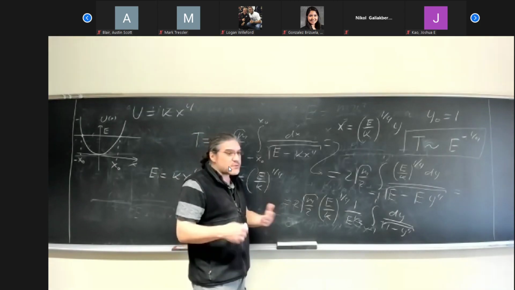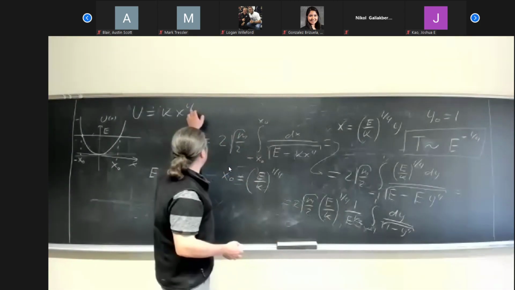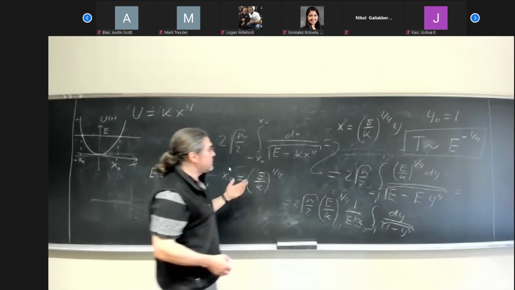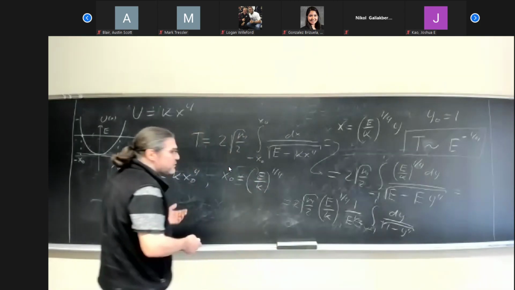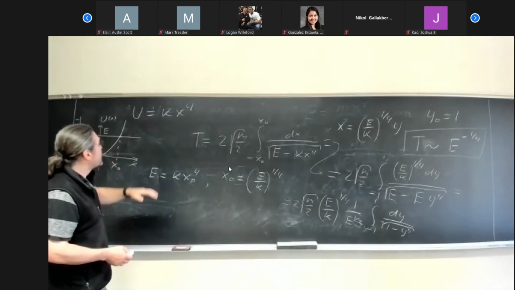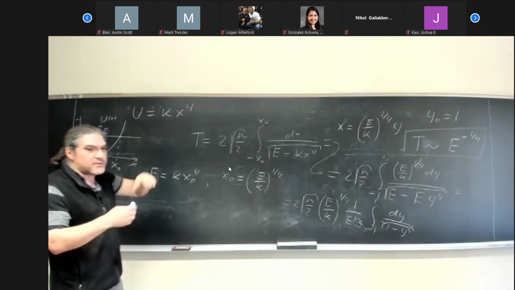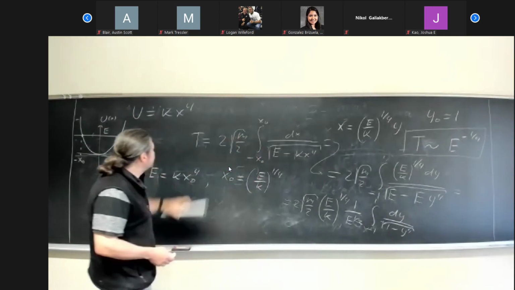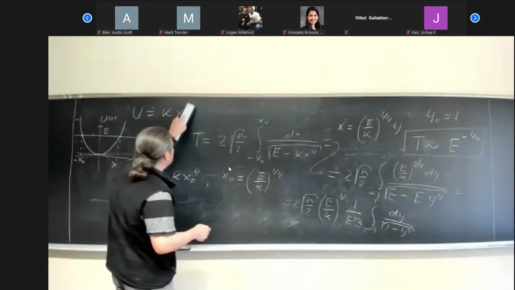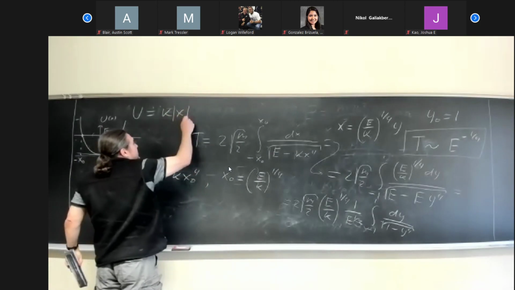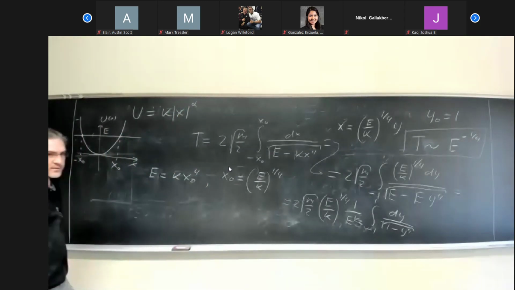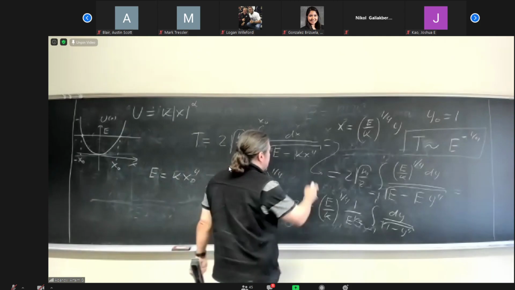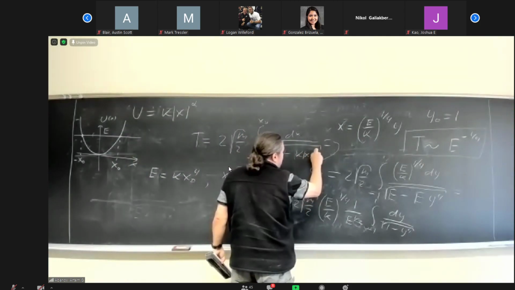All right. So the next question was what will happen if I have 2 here instead of 4, right? Instead of solving different kinds of problems with different powers here, since I'm always lazy, let me solve all of them and just write absolute value of x to the power alpha, right?